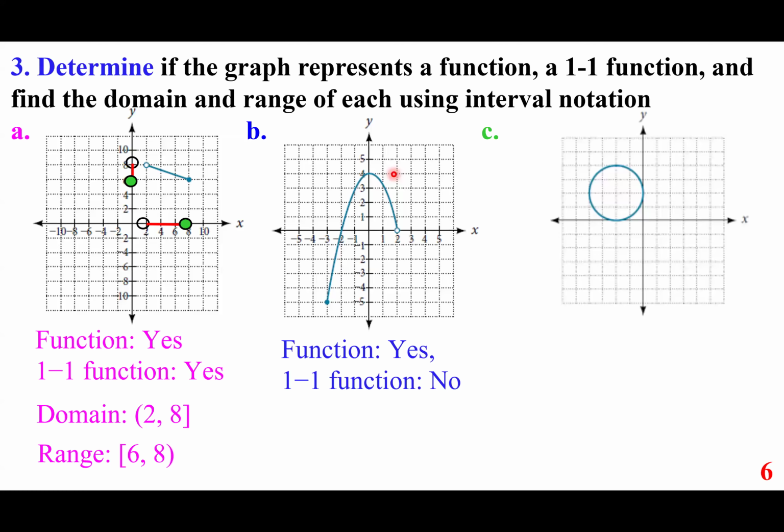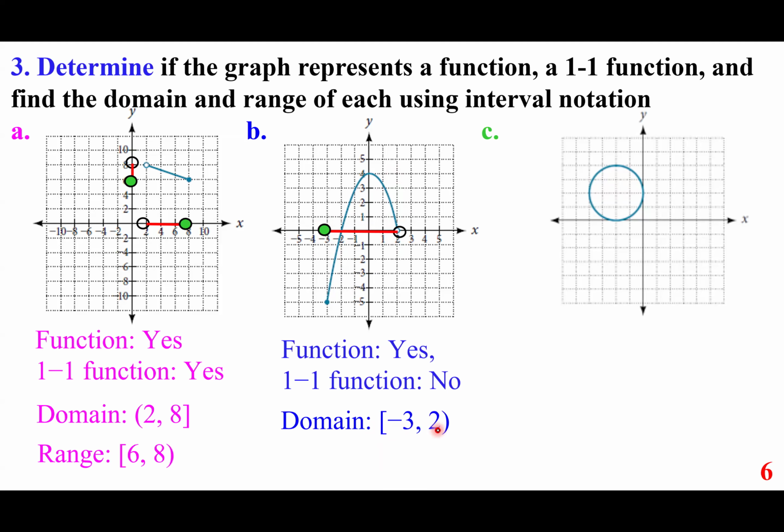Now the domain. Cut this such that you can put it along the x-axis. So it's from here to here. I hope you see that. So it covers this much. Therefore, the domain goes from here, -3, to here, 2, and -3 is included, 2 is not. So that's why you use a bracket here, parenthesis here.